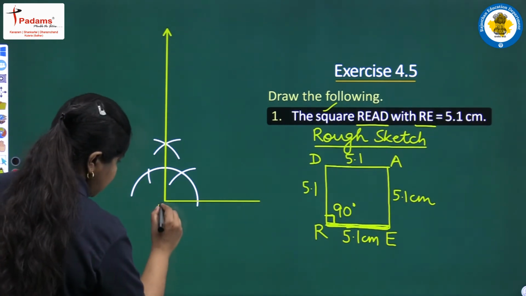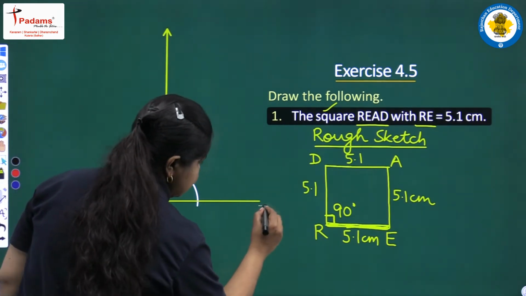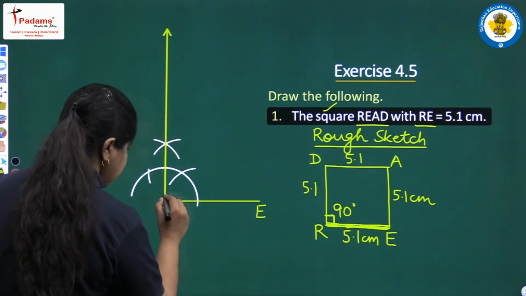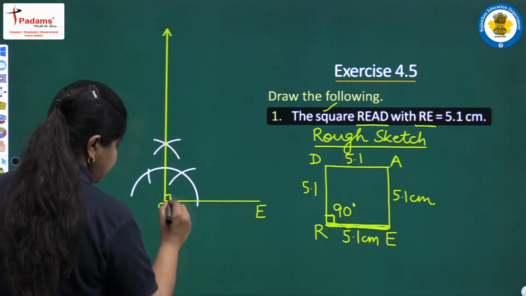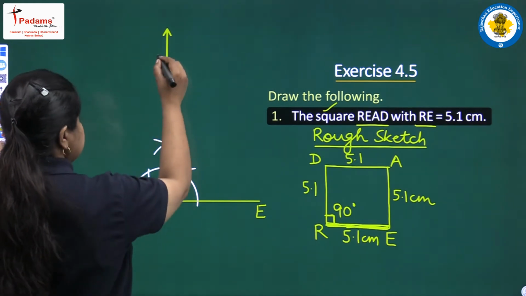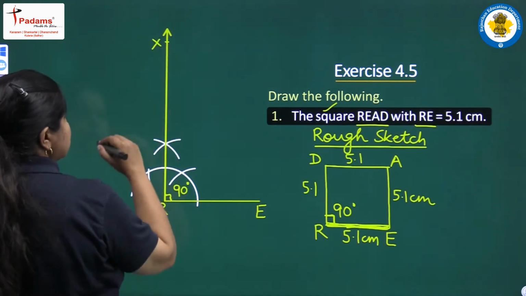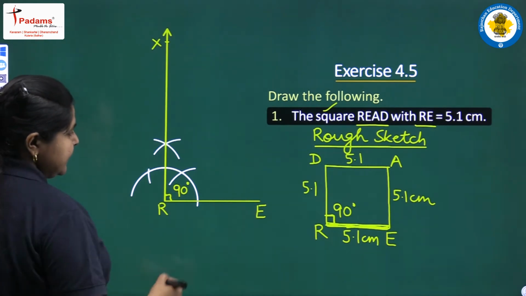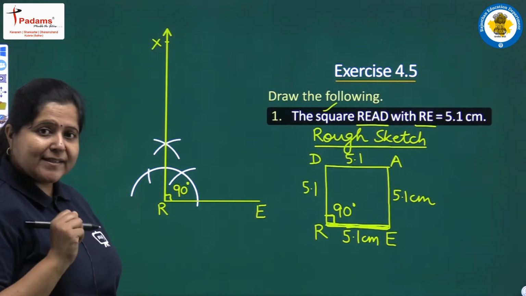This is point R and this is point E, and here we have constructed this angle of measure 90 degree, and let us give this a name, X. So we have angle XRE equal to 90 degree at point R.